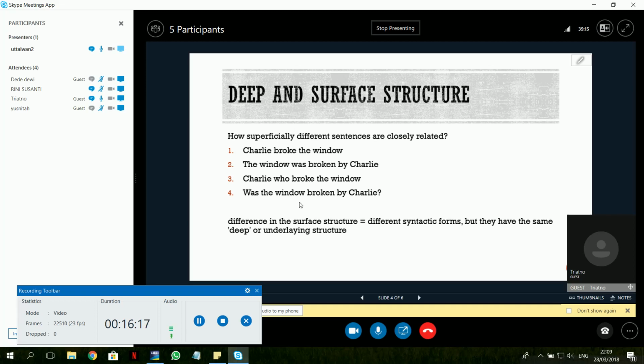Those four sentences have different surface structure, but those four sentences have one deep structure. Do you see that? So this is the point. Four different surface structures, but one same deep structure. Do you get my idea?